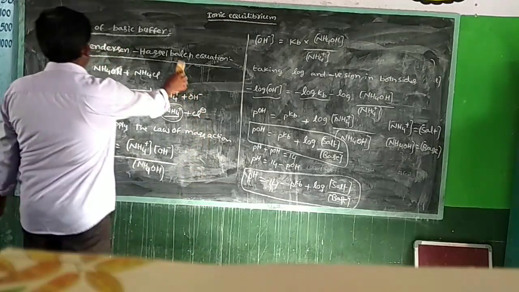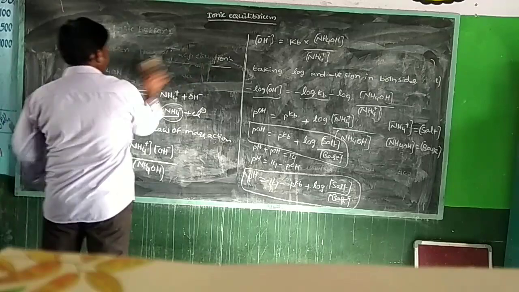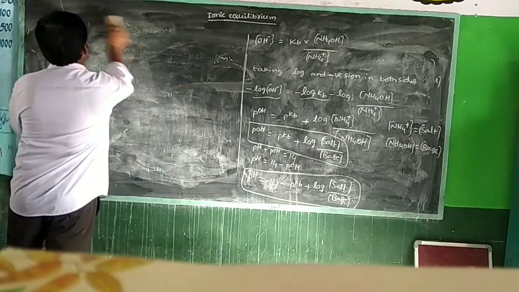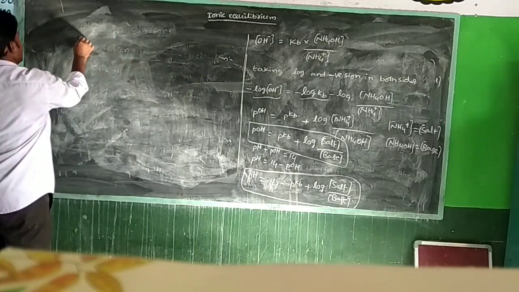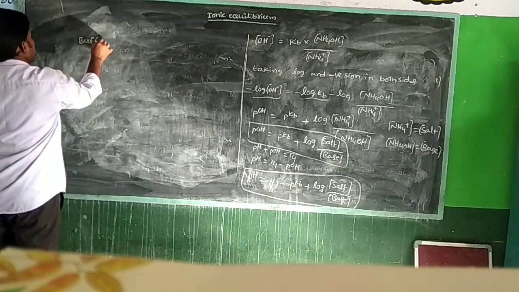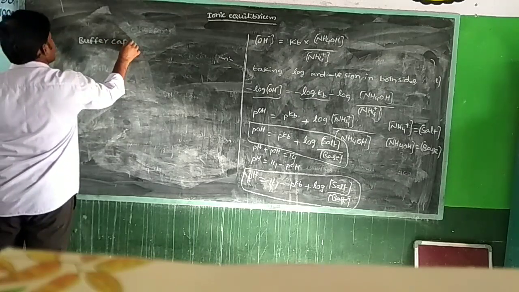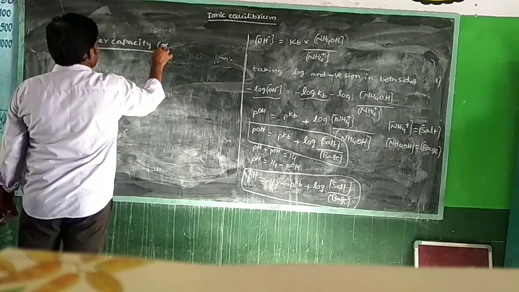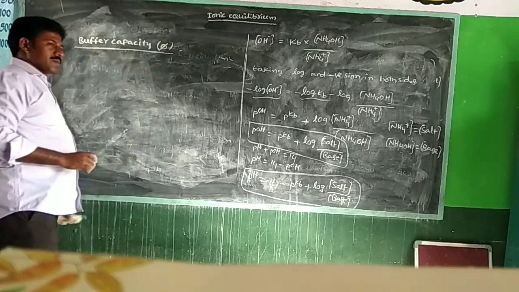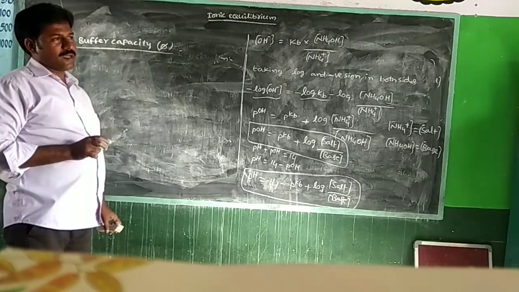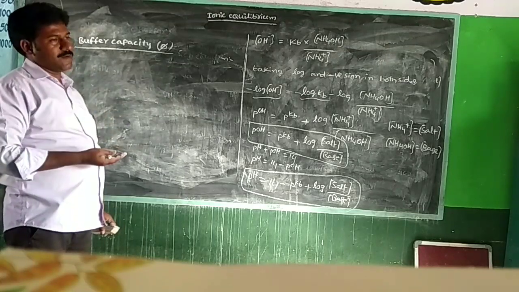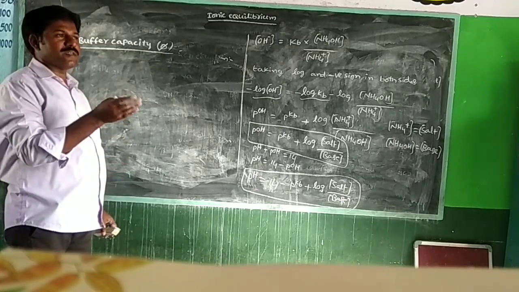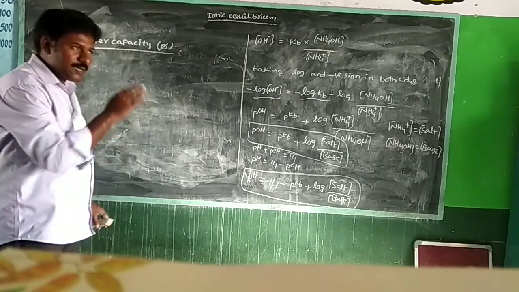Next, let us go to buffer capacity. What is meant by buffer capacity? The buffer capacity is defined as the number of moles of acid or base added to change the pH of 1 liter of buffer solution.